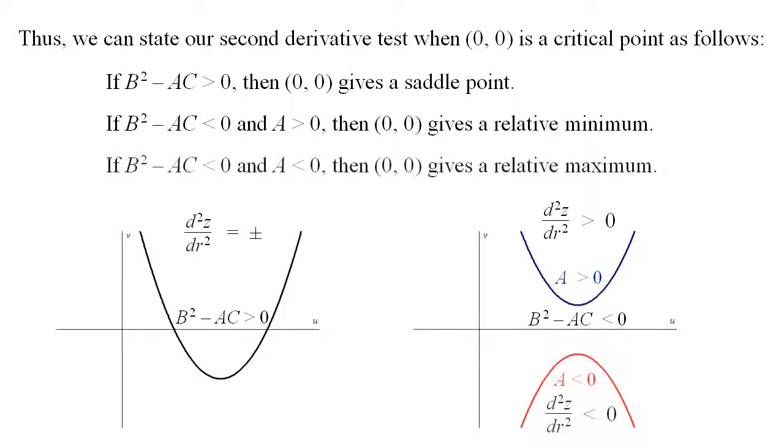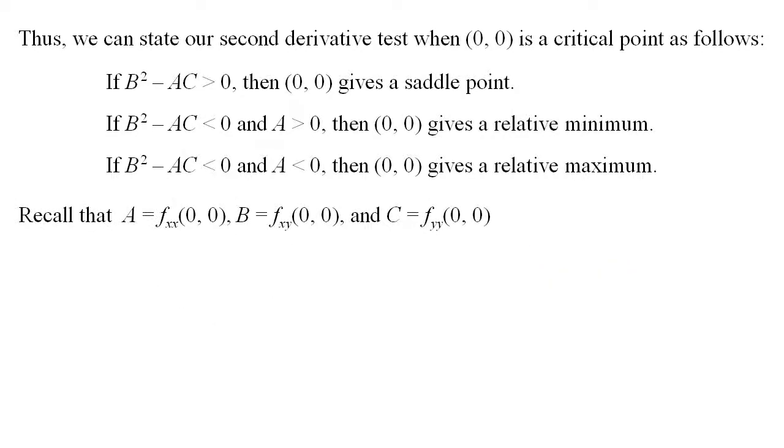And if b squared minus ac is negative and a is negative, then it gives a relative maximum. Recall that a is the second partial with respect to x at the origin, b is the second partial with respect to x and y at the origin, and c is the second partial with respect to y at the origin.